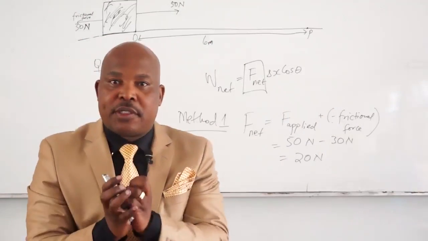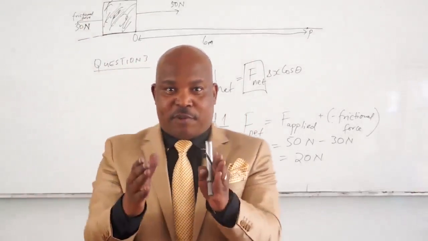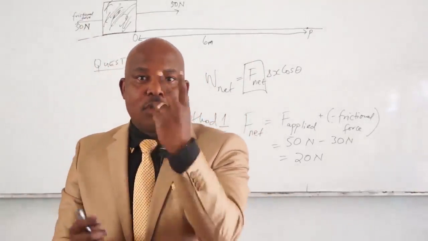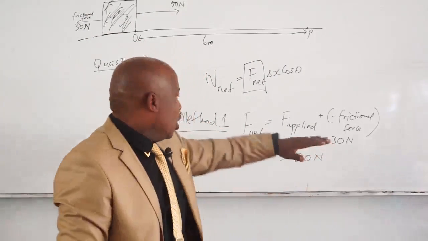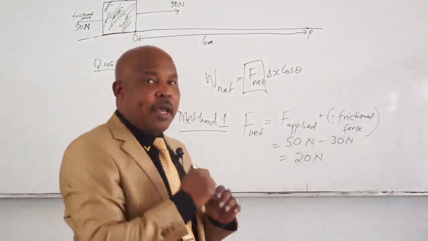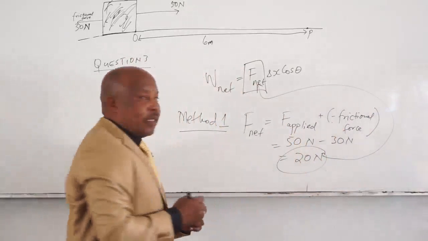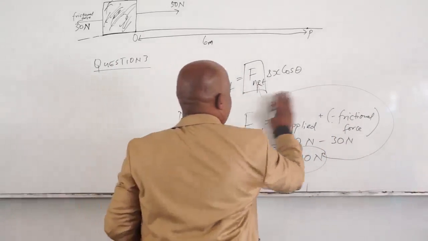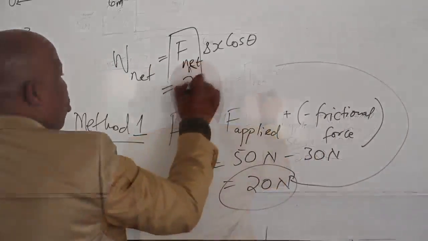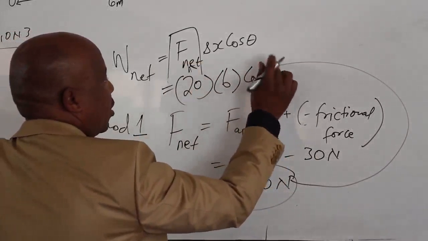What does F net mean? That means all the forces that act on the box, or all the forces that act on the object. It's only 2, applied force and frictional force, which is 20 Newton. From there, I'm going back to my F net there and substitute the 20 Newton that I've got. Then I'll say 20 times 6 cos 0 degrees.